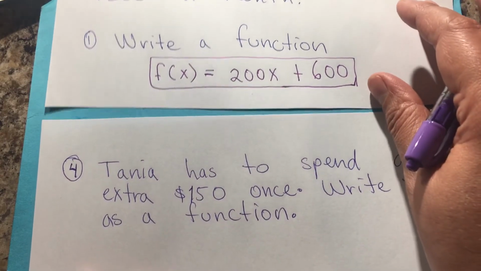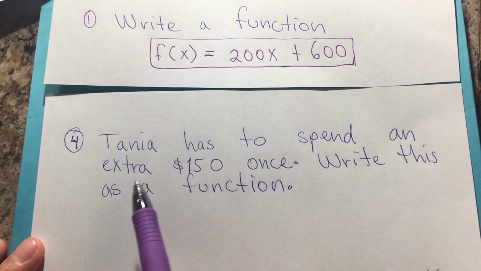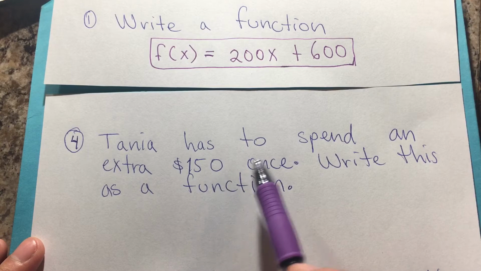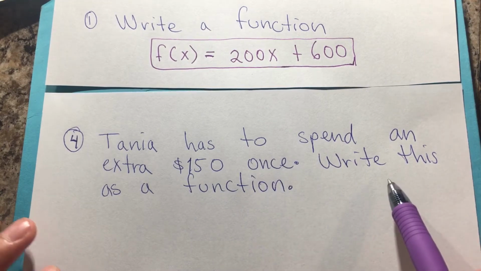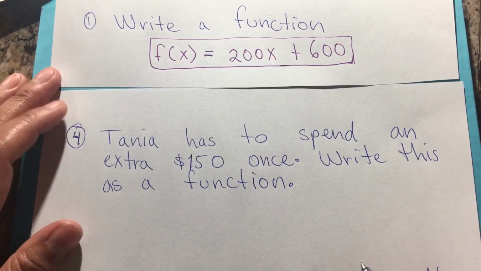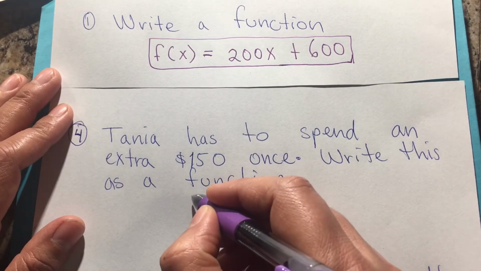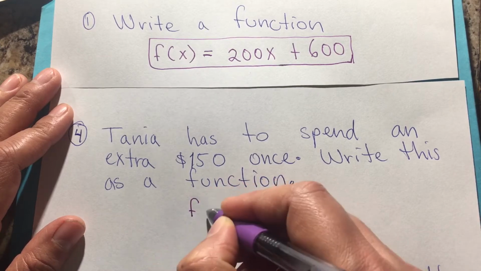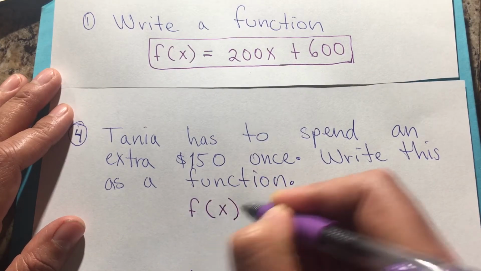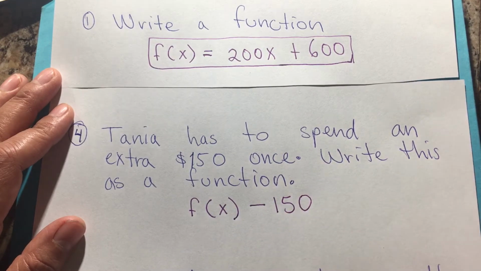Number 4. Tanya has to spend an extra 150 once. Write this as a function. Maybe she has to spend some emergency money that she didn't expect to spend. So it's going to be whatever she usually does, but one time she's going to subtract 150.